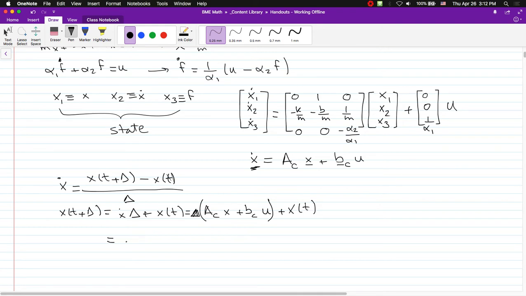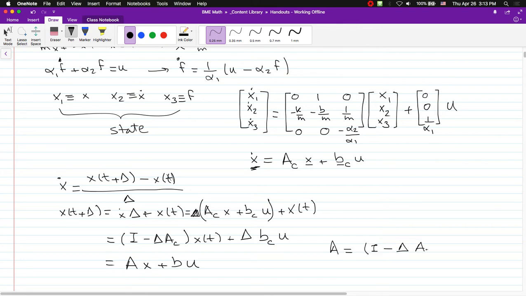which means that x at time t plus delta is the identity minus the time step delta times A_C times x of t plus time step delta times the vector B sub C times u. So that's equal to A times x plus B times u, where A is identity minus time delta times A_C, and B is delta times B_C.